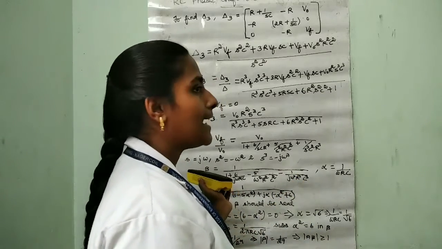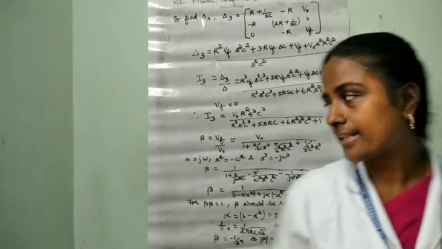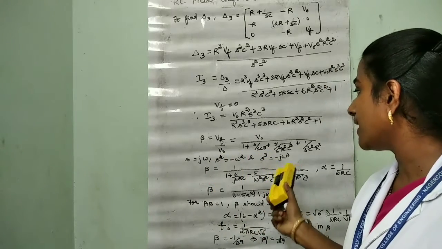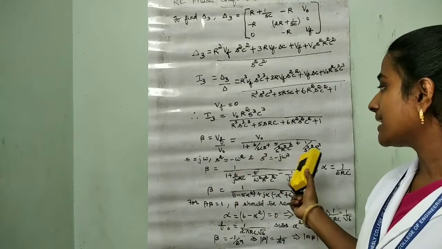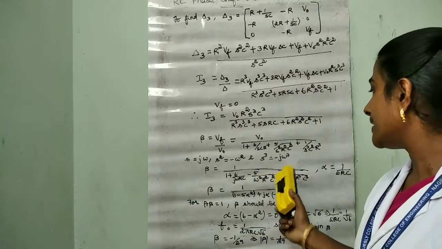Now substitute s equal to j omega, so s square is equal to minus omega square and s cube is equal to minus j omega cube. Substitute these values in the place of s square and s cube.